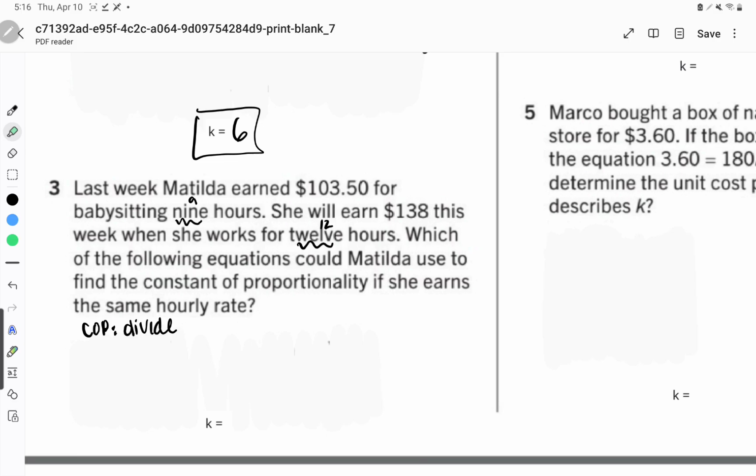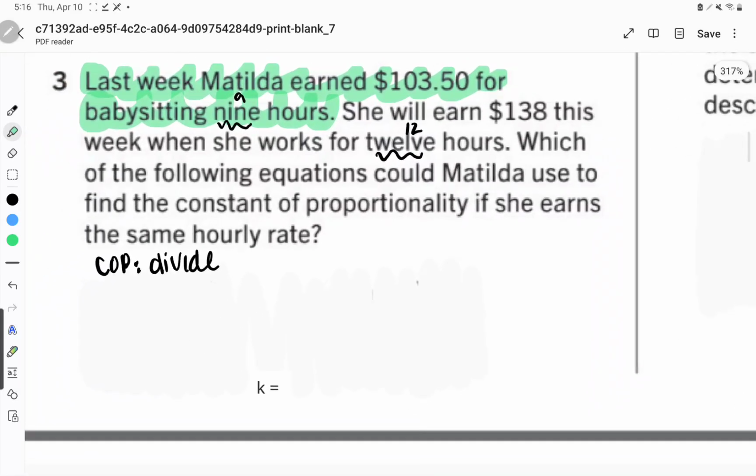Remember, I only need 2 numbers. I usually just take my 2 numbers from the first sentence I see, which in this case is 103.50 for 9 hours. So I would do 103.50 divided by 9. You could also do 138 divided by 12.